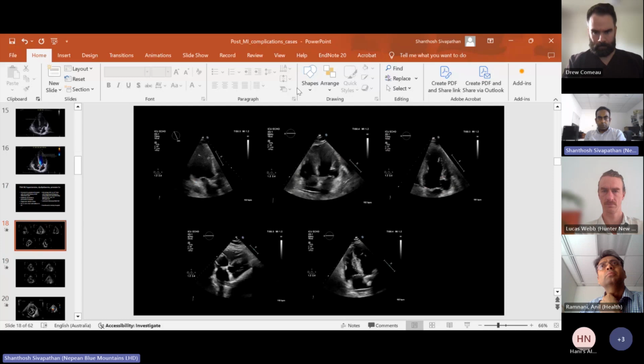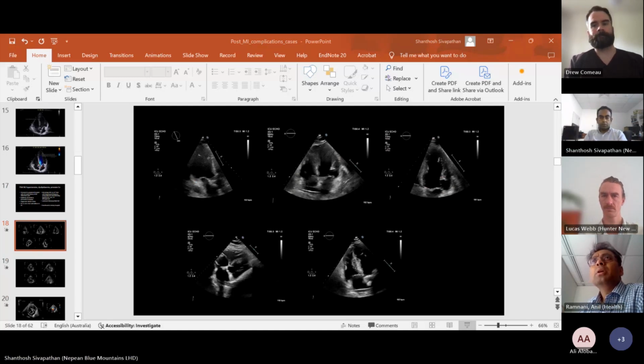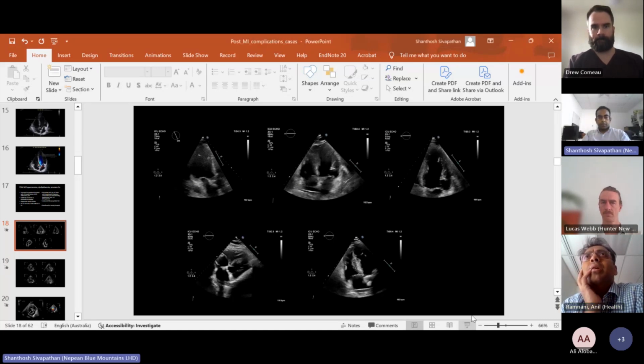Let me put this to full screen. Sorry, what was that? Anyone want to have a crack at this? Can't see this playing though. Is it playing? Give me a second.